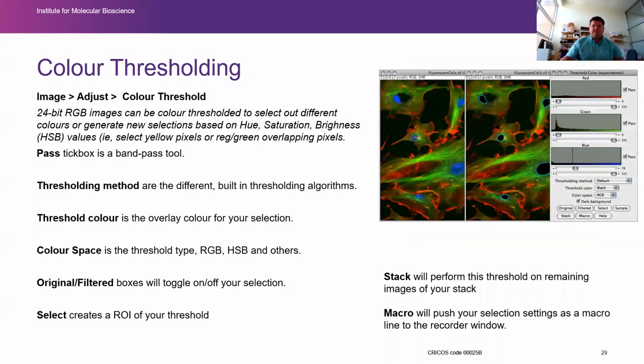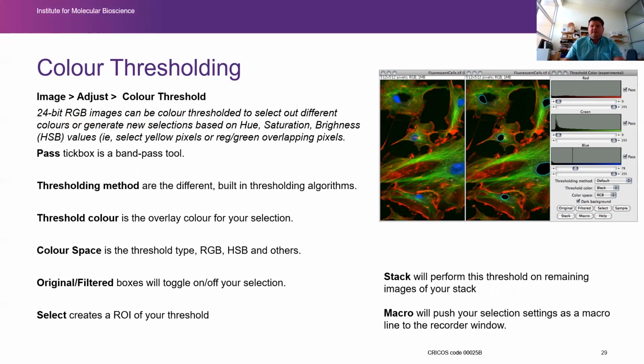Okay. I mentioned before that color thresholding is different to normal thresholding in a single channel type image, or fluorescence images where they're separate channels. But you can use color thresholding if you have images like an H&E stain, because they will come into the software as a 24-bit RGB image.